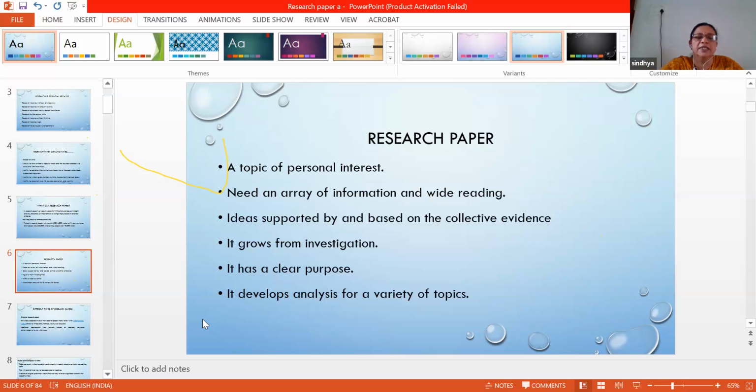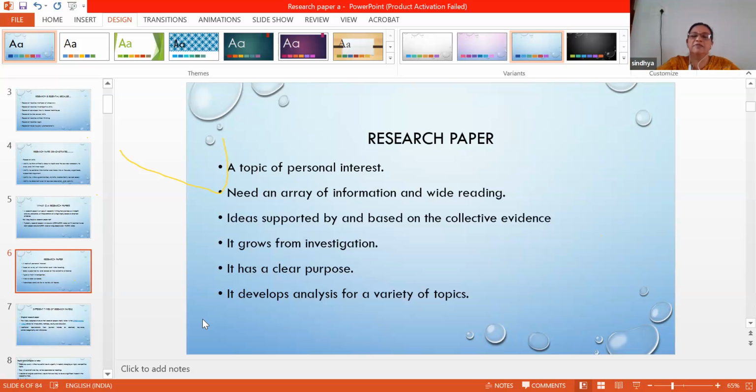So after the area of interest, we have to undergo wide reading. So if you are selecting some academic issues or some academic input required in the research process, you have to read all the available resources regarding that topic.